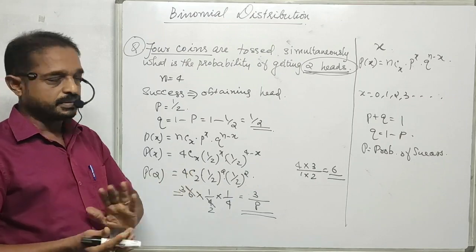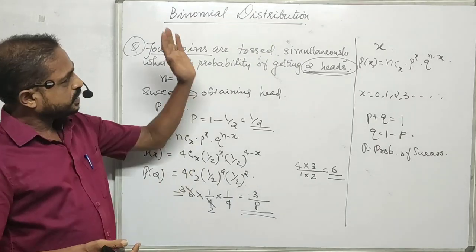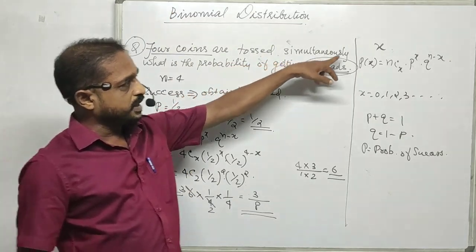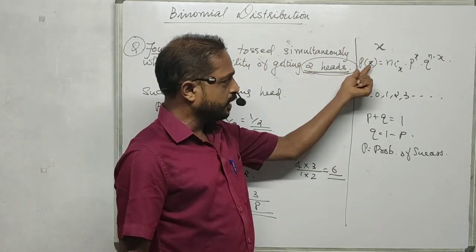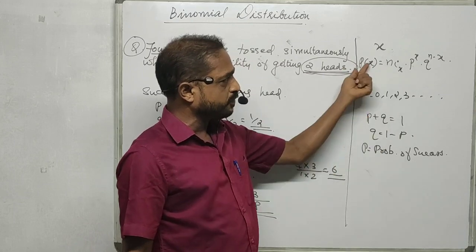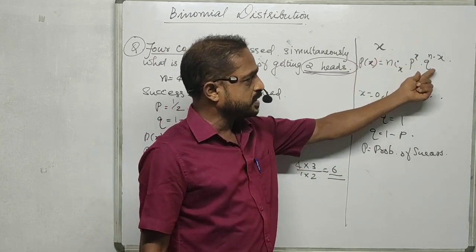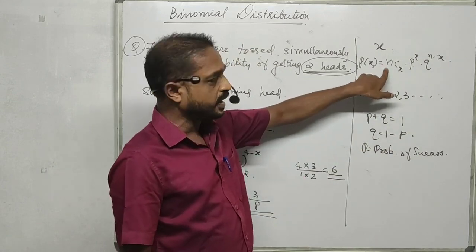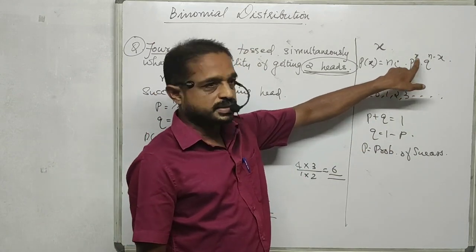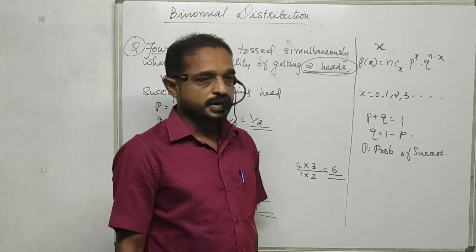So how do you define a binomial distribution? A discrete random variable x is said to follow binomial distribution if its probability density function is P of x is equal to nCx, P raised to x, Q raised to n minus x. Here n is the number of trials, P is the probability of success, and Q is the probability of failure.